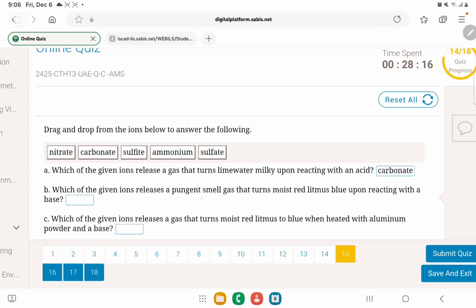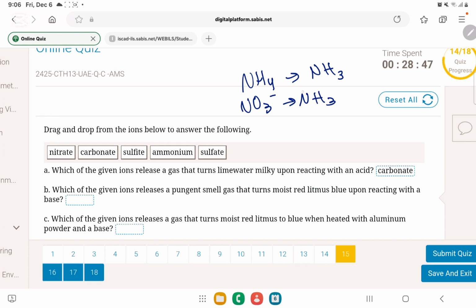Which given ions release a pungent gas that turns red litmus paper blue upon reacting with the base? Whenever it's a pungent smelling gas without aluminium powder, then it's NH4. Because NH4 and NO3 minus both release NH3, which is the pungent smelling gas that turns red litmus paper blue.